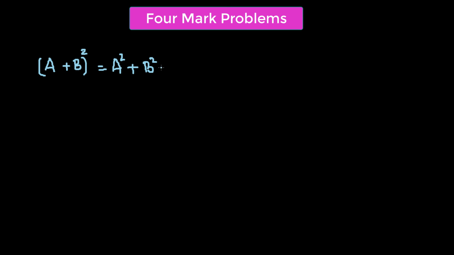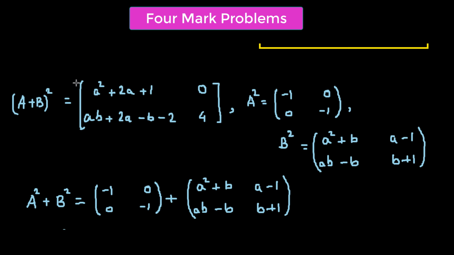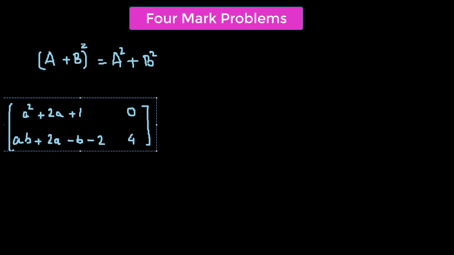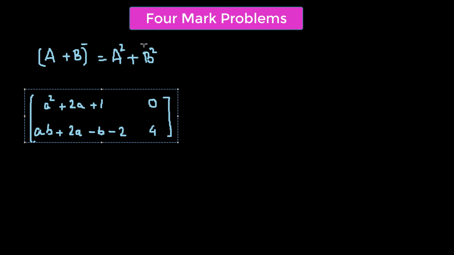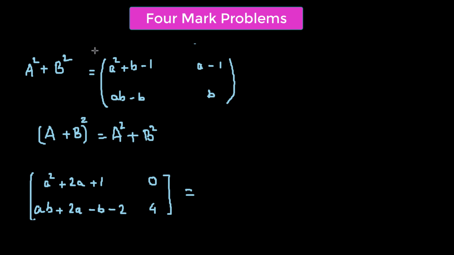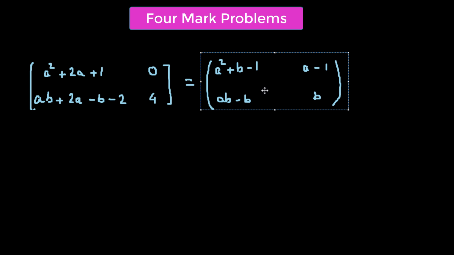So since we have found out the value of (a plus b) whole squared, and this is the value, let's take this matrix and write it downstairs. So this is (a plus b) whole squared, and this value is equal to A squared plus B squared, which we found out just now. So this is A squared plus B squared, and we equate the two matrices.